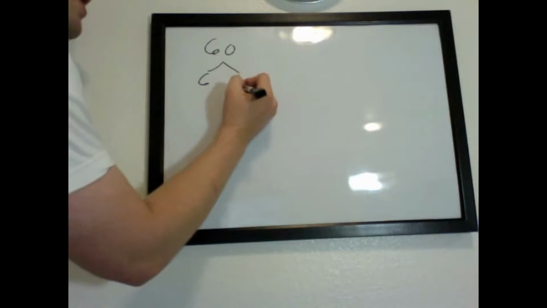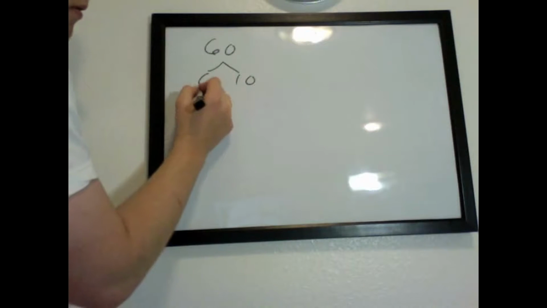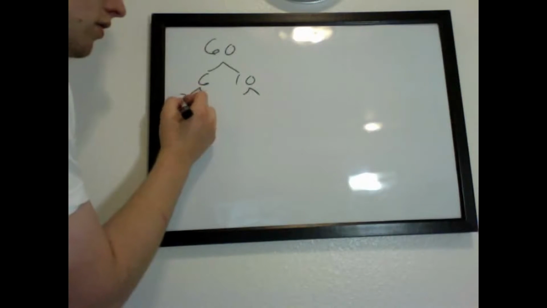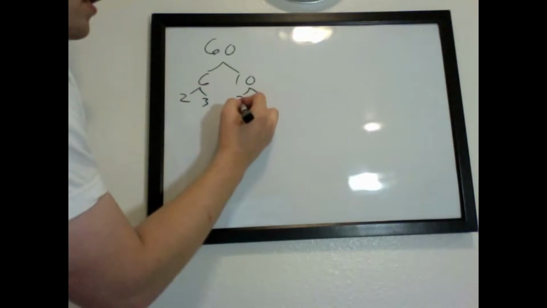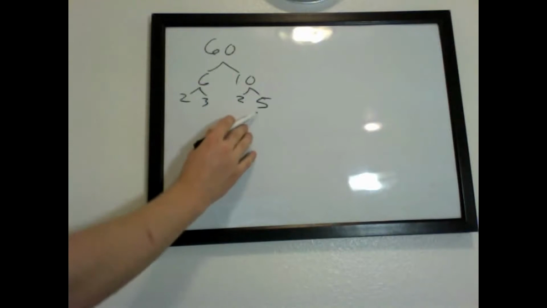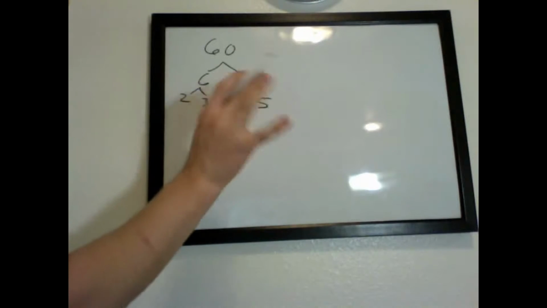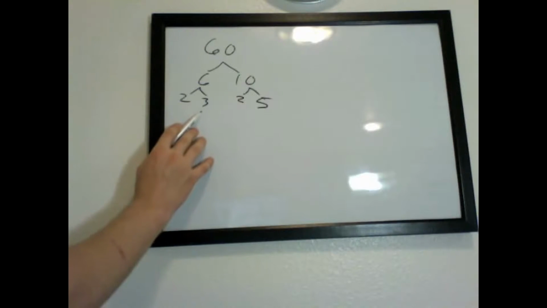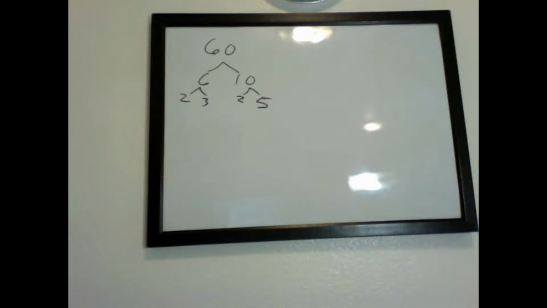I would say 6 and 10. But what do 10 and 6 break into? 2 and 3, 2 and 5. 5, you can't do anything except for 1 and 5. We don't want that, and that's a prime.